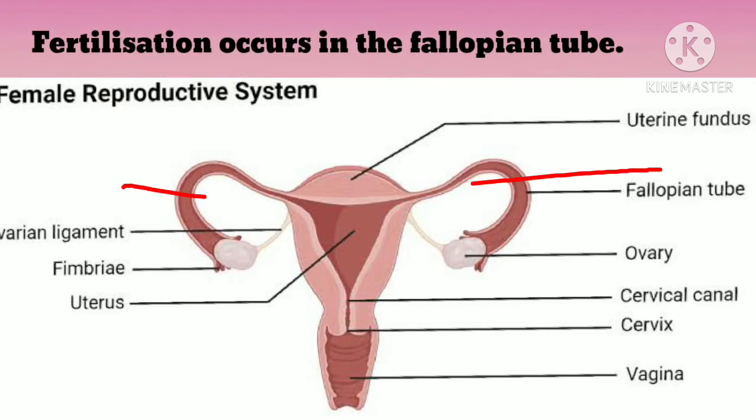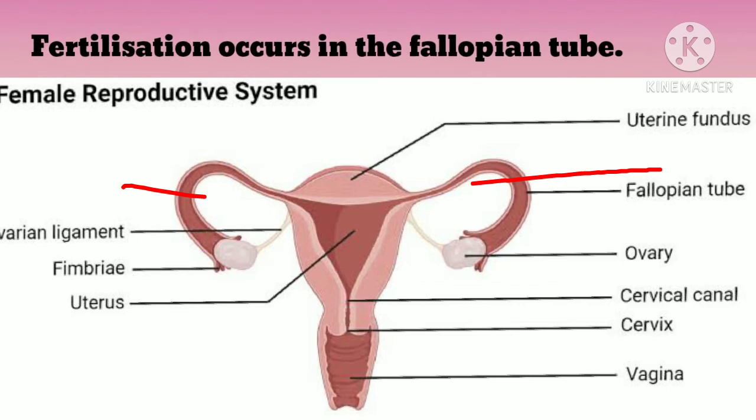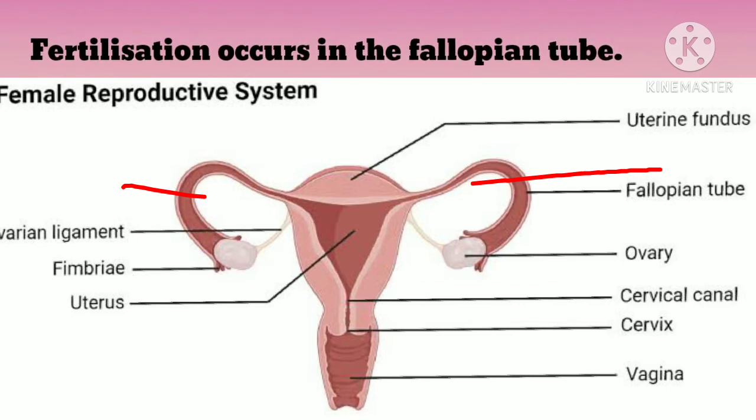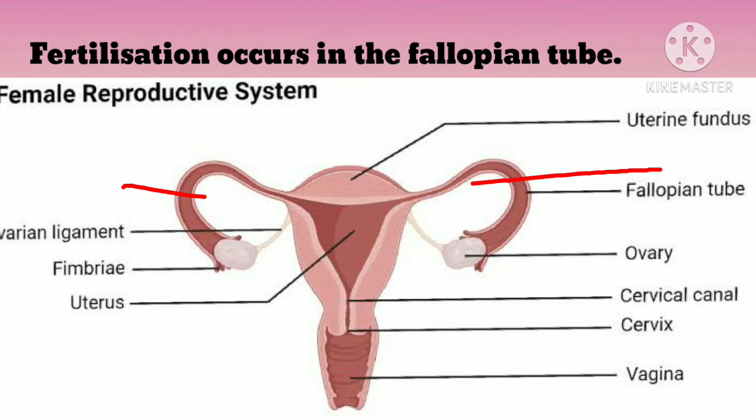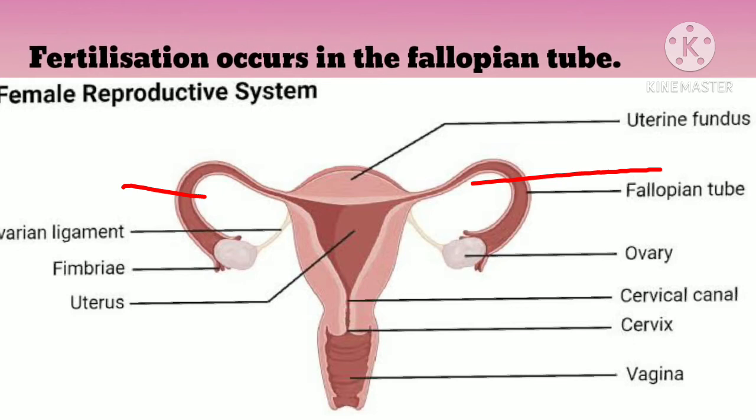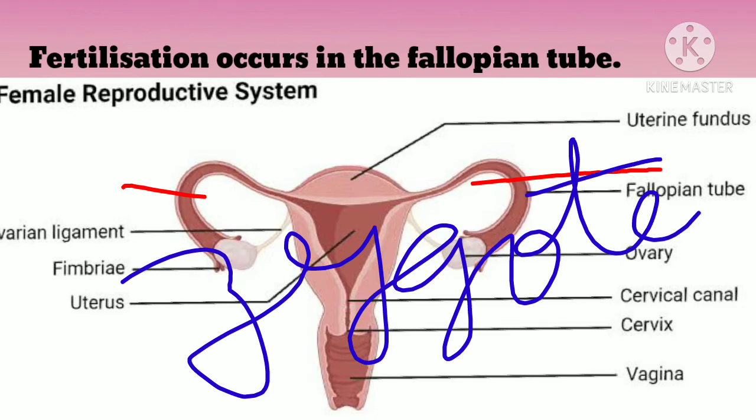Over there the egg is produced and the fertilization process takes place, and only one sperm fuses with one ovum, and this produces a single new nucleus, and that is called the zygote, right? So once the fusion occurs, the zygote is produced, and the zygote is the first step of the development of a baby. Clear?